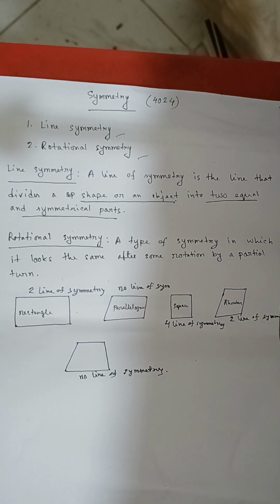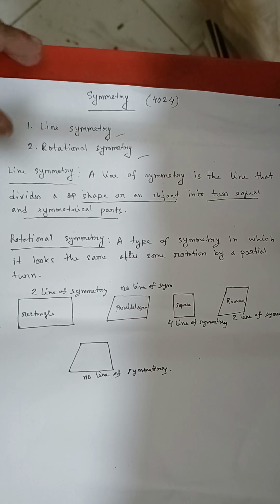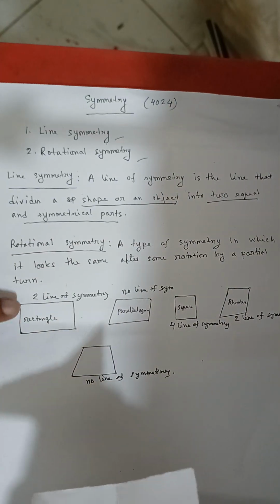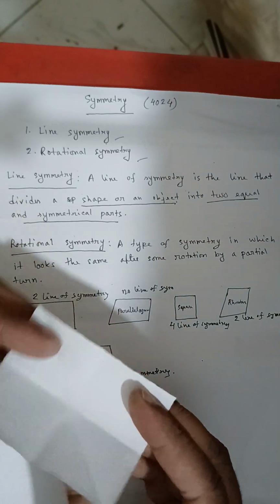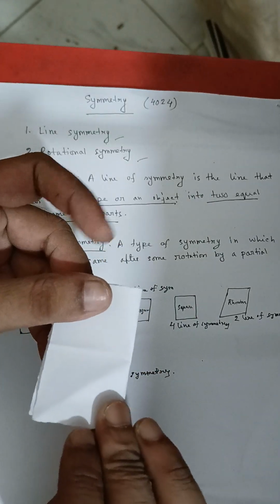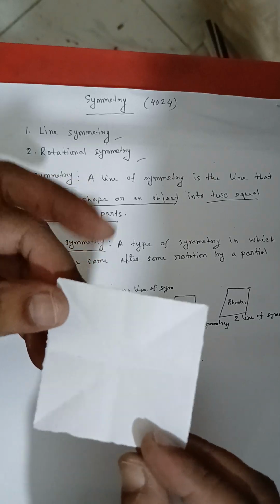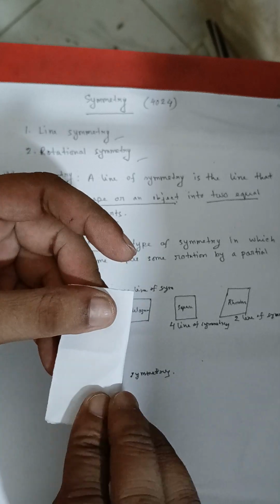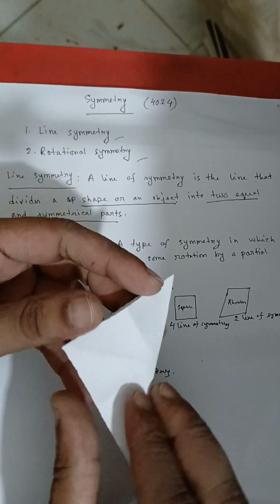Okay, because I know that the rectangle has two lines of symmetry, because I can fold it along this and that. For a square, how many can I fold? 1, 2, 3, and 4.